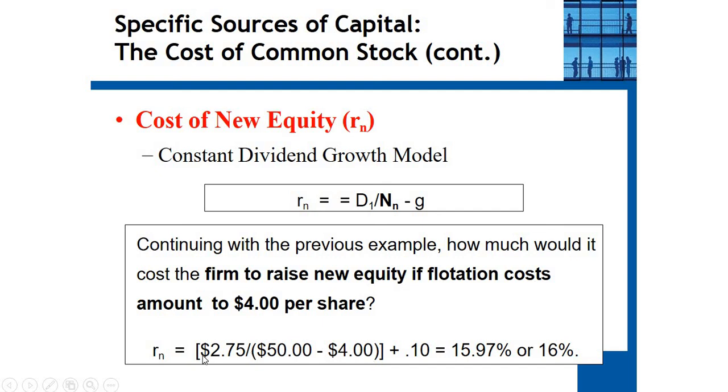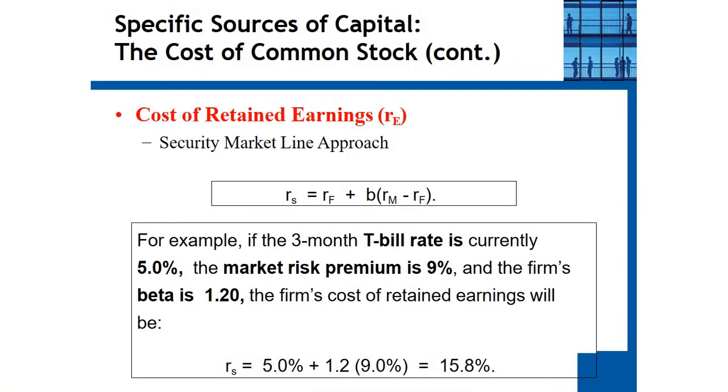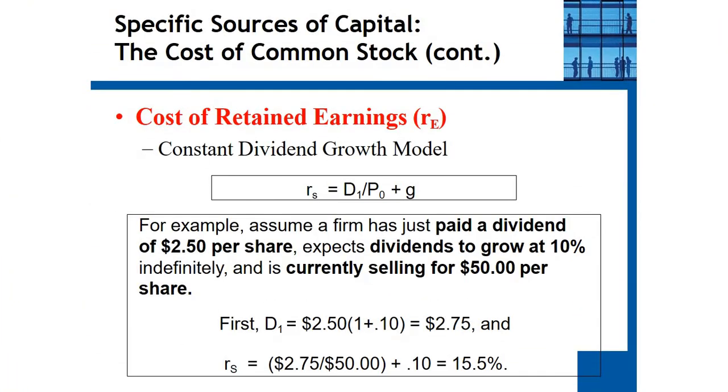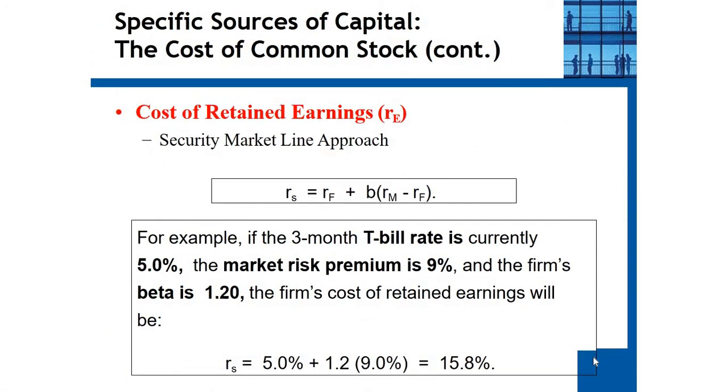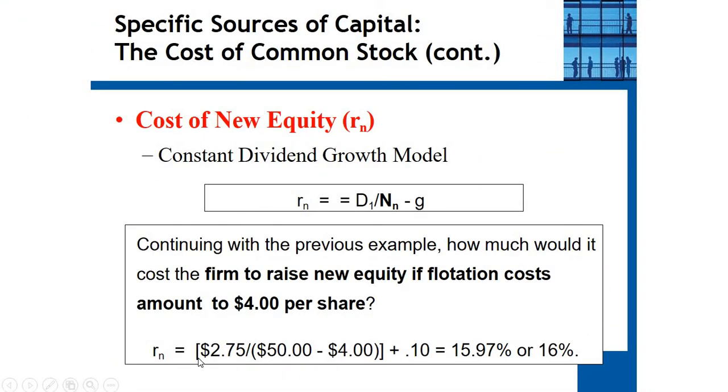From our previous example, we calculated that the next year dividend payment is $2.75. So in this example as well, the next year's expected dividend payment is $2.75.